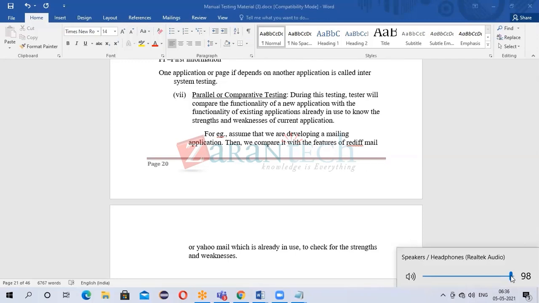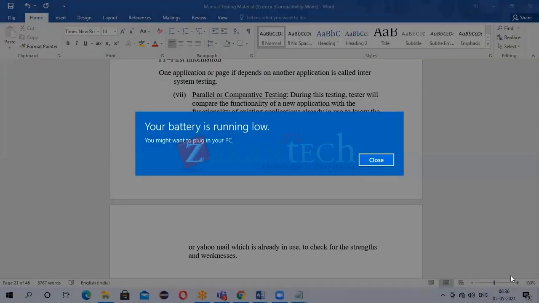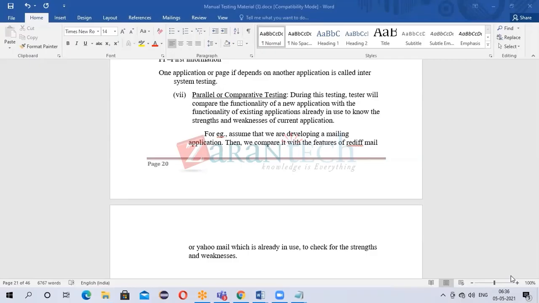Again, I'm asking you to read it. Which one? This parallel or comparative testing? No, parallel testing. I'm asking you to read parallel testing. Okay.